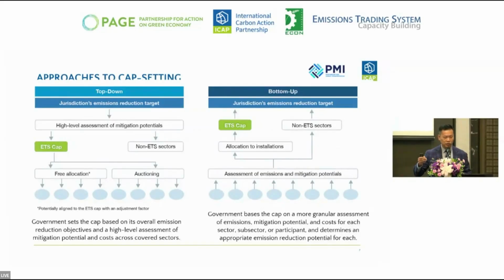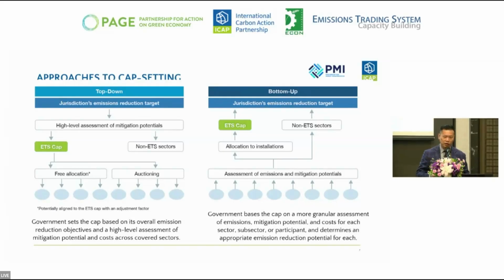So the government sets the target from the top, and they don't need to consider all the detailed level of each installation or each company. They just say the whole cap reduces some percentage every year. That is top-down, coming directly from the top.